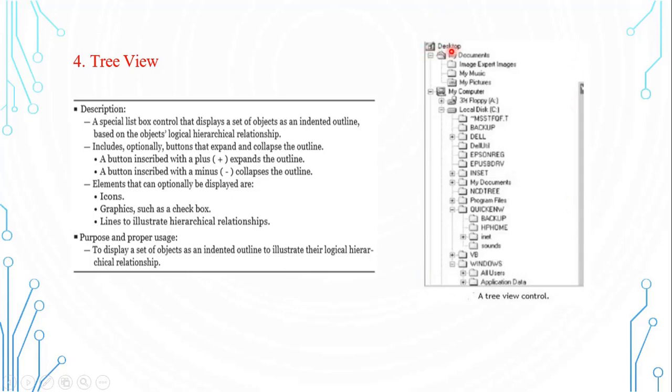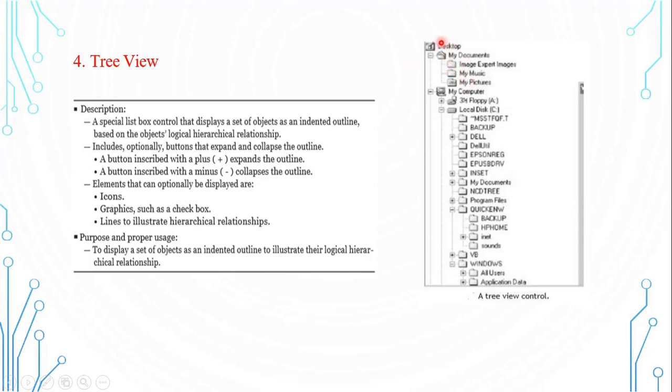You have a desktop, and under that you have My Documents, My Computer, and so on. The first main folder is Desktop, and inside that you have My Documents. Again, inside My Documents you have images, music, pictures as subfolders.